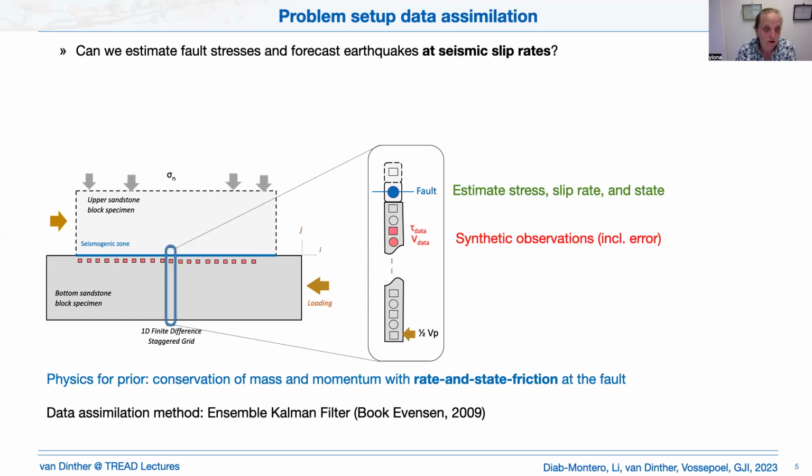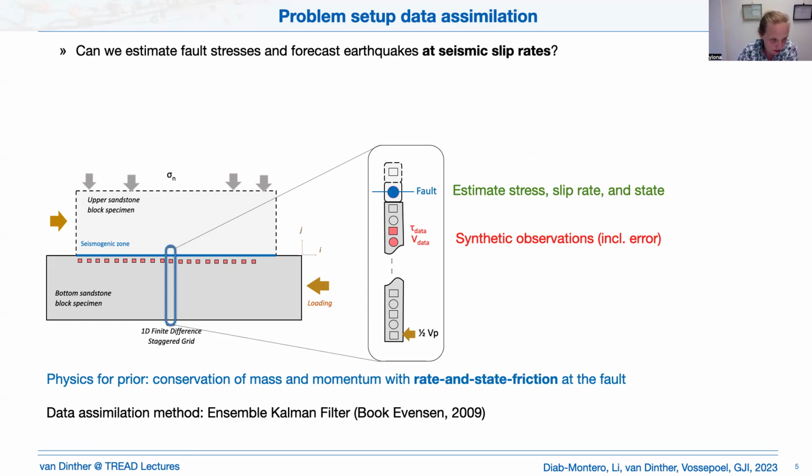Because my previous model did laboratory experiments, and the laboratory was made of gelatin, which has slightly slower accelerations than real seismic slip rates. Since seismic slip rates are much faster, we didn't know yet if the forecasting that I showed would work also for really seismic events or only for slower ones.